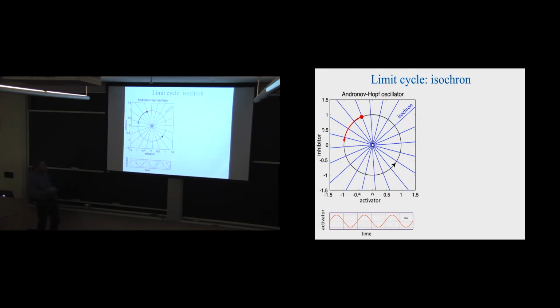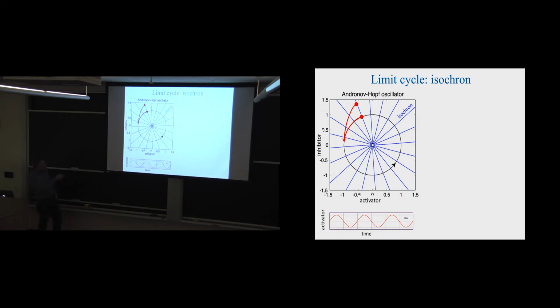And what an isochron is: say I start at this time, on this line here, then 1, 2, 3.5 hours later, I'm here. And if I start at this point, which means I have higher inhibitor and lower activator, at 3.5 hours later I'm at the same point, because every point in this phase plot has to end up on the limit cycle.